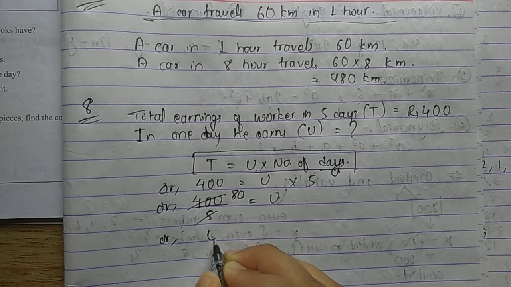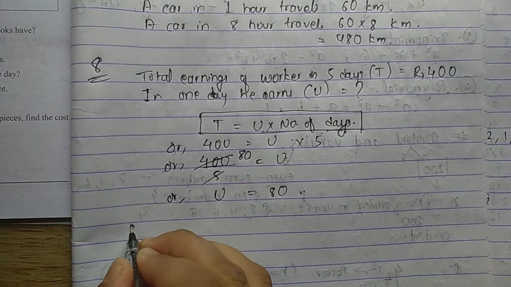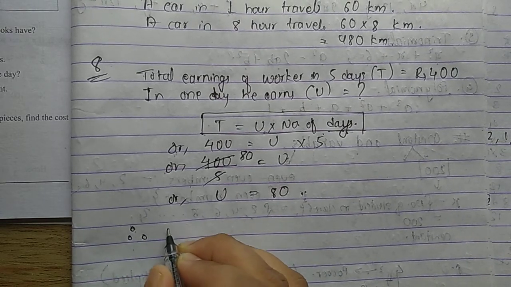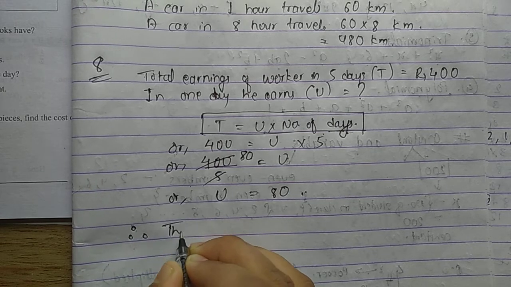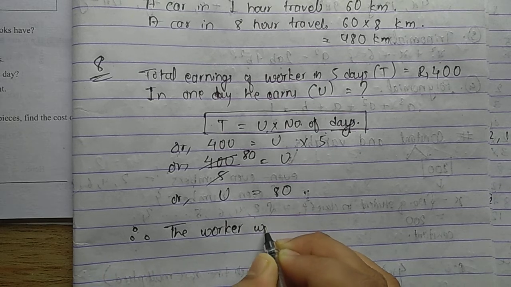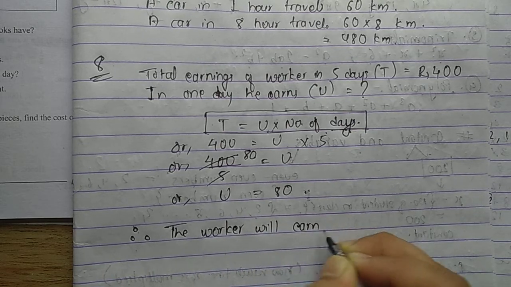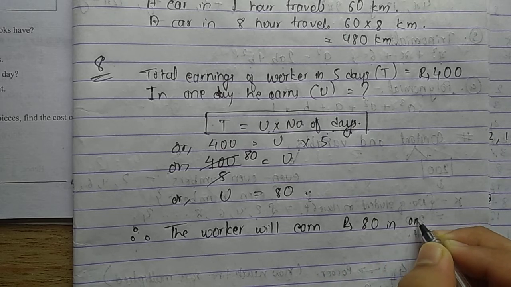So the unit cost u equals 80. Now you have to write in the conclusion, therefore, the worker will earn rupees 80 in one day.